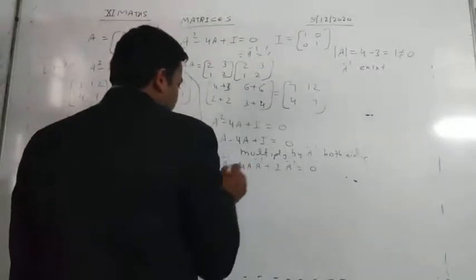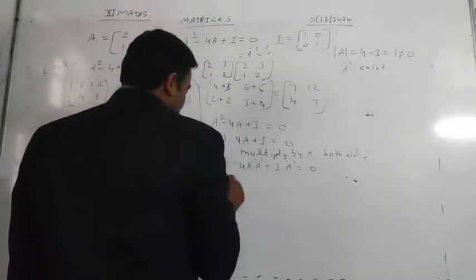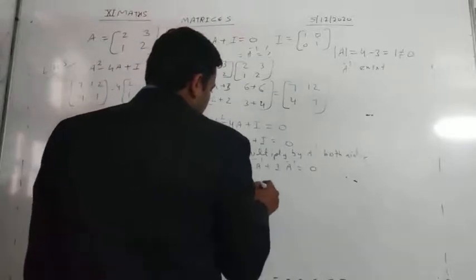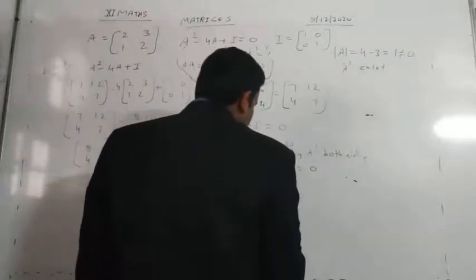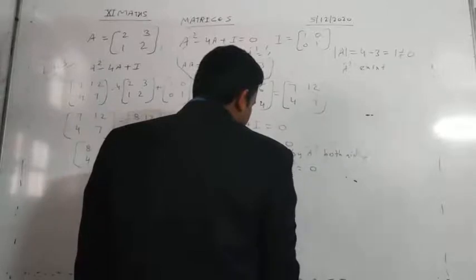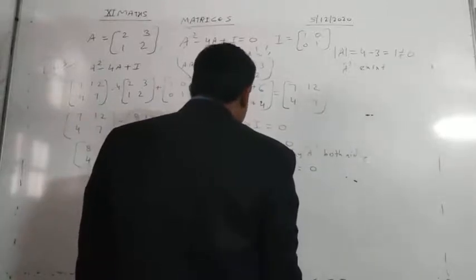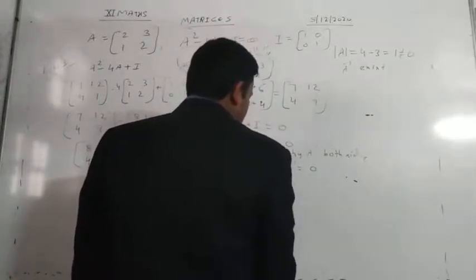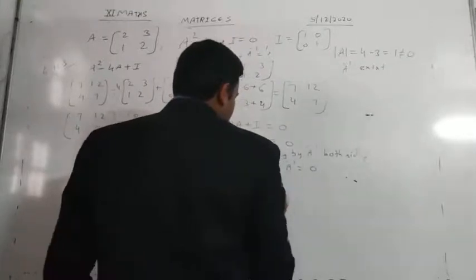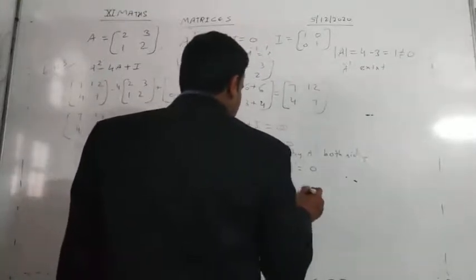Now A into A inverse is equal to what? The identity matrix. So it is A minus 4I plus A inverse, which is equal to 0.